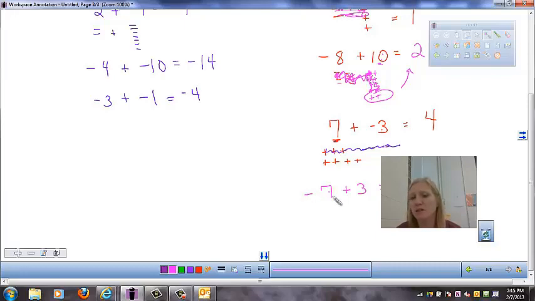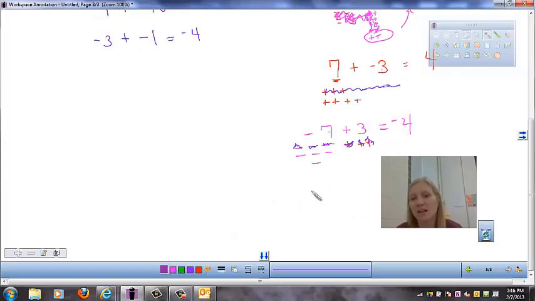So since the bigger number has the negative, my answer has to have the negative. Because I would have 7 negatives, like that, and I'd have 3 positives. So that means I can cross off 3 of my negatives, because these cancel each other. The pluses and minuses are opposites, they cancel. And if you look, I have 4 negatives left.